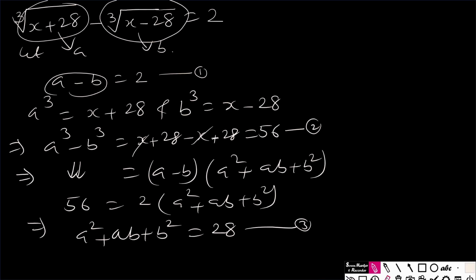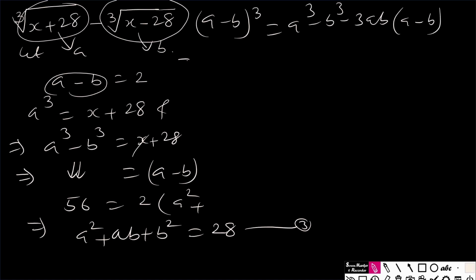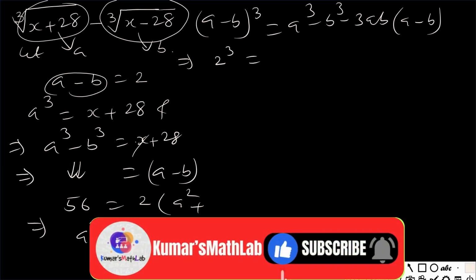Now a minus b whole cube equals, by the formula, a cubed minus b cubed minus 3ab into a minus b. Here a minus b is 2, so it is 2 cubed equals a cubed minus b cubed, which is 56 from equation number 2.